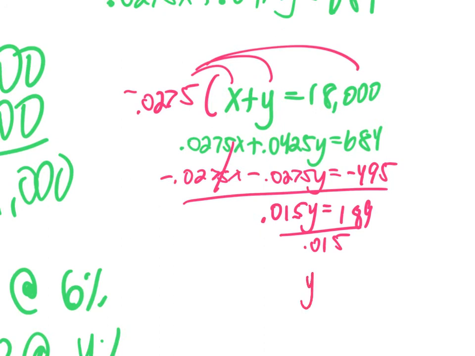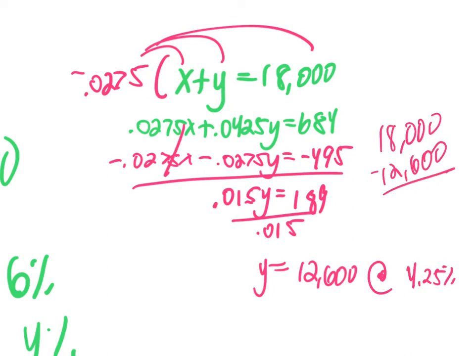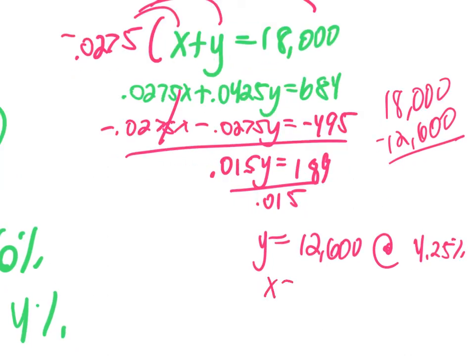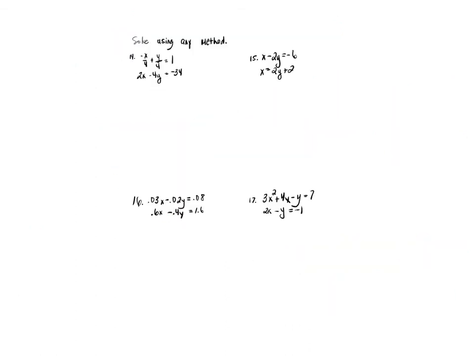And you have that y equals $12,600. So you had $12,600 invested in the account that had 4.25% interest. Then you take your 18,000 initial investment minus the 12,600, and you have that $5,400 was invested in the account that paid 2.75% interest. And again, the other ones are set up the same way.